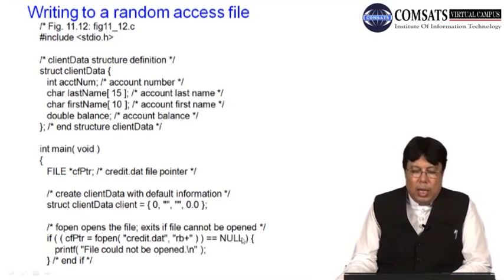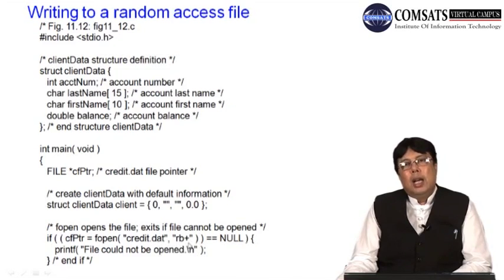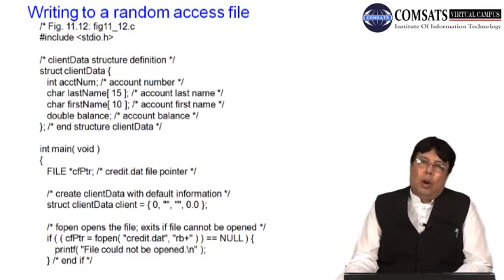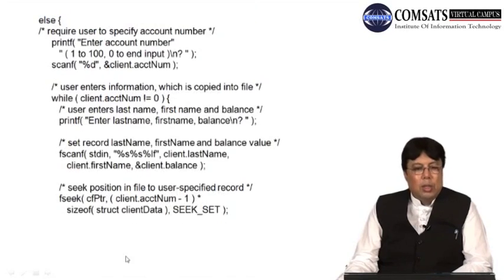So here the mode is to read a binary file, but the plus indicates that you can read and write simultaneously. You want to open a file where you can perform reading and also writing. If the file is not found, the system might generate an error message.